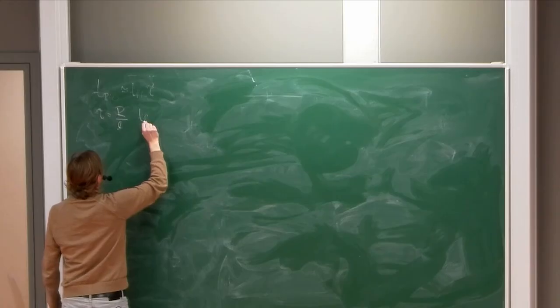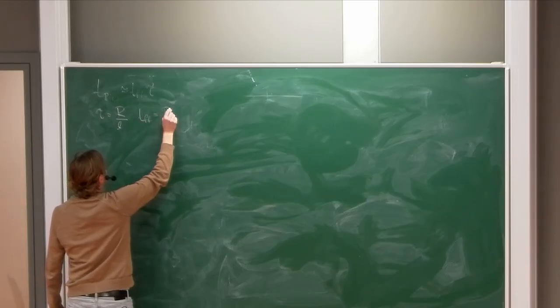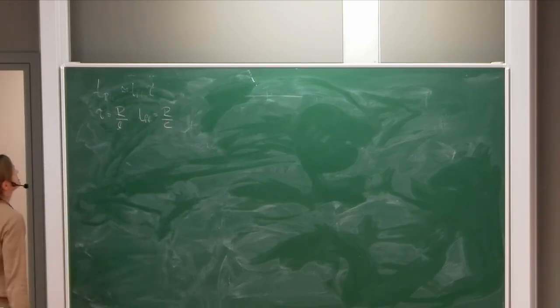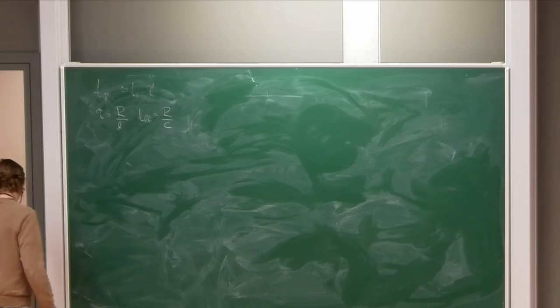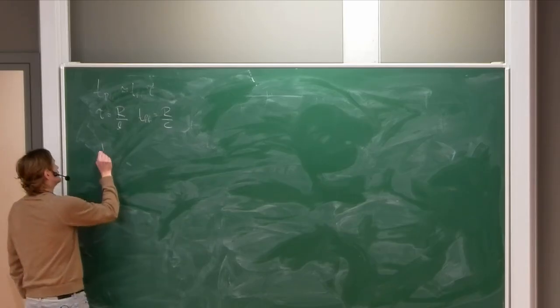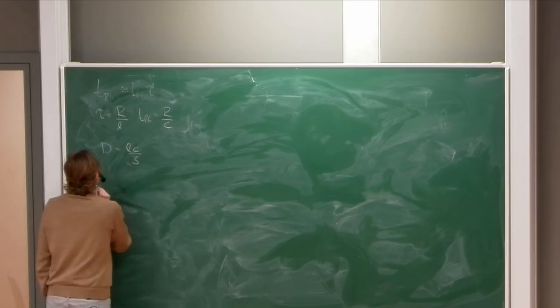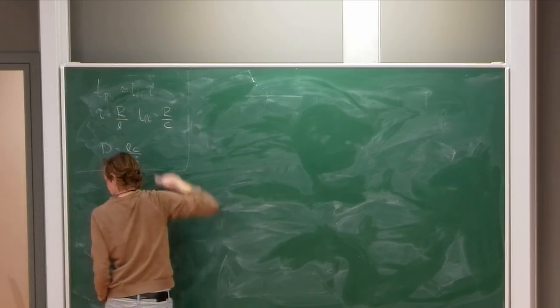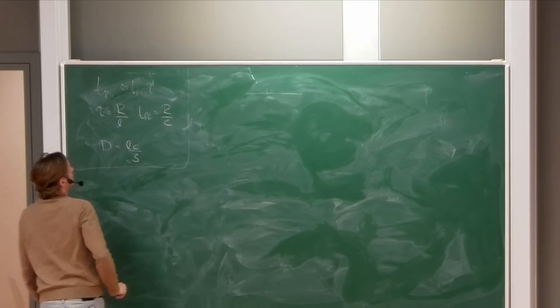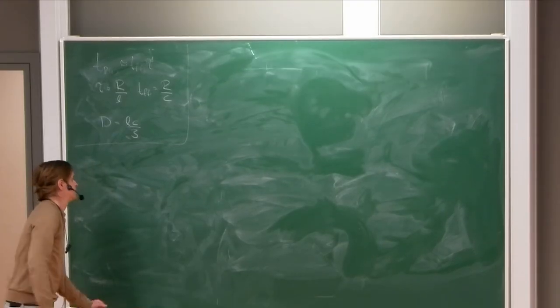And free flight time is, of course, R divided by c, the speed of light c. We're working with photons. We also had that the diffusion coefficient was Lc divided by 3. We saw that before the break.